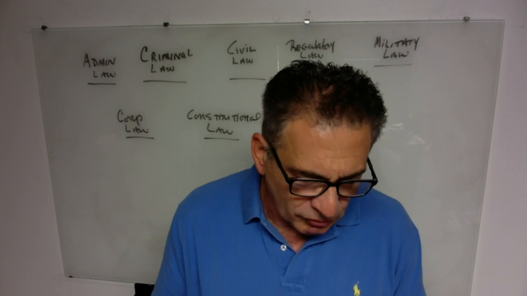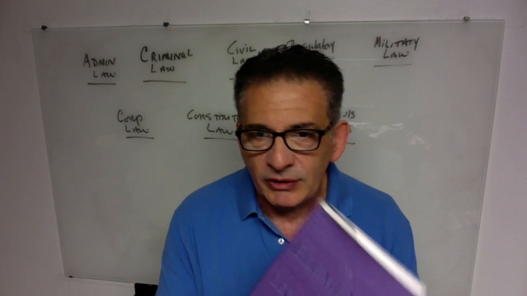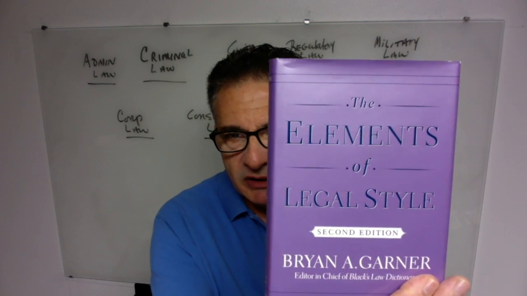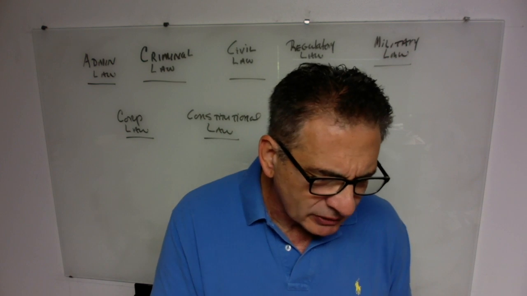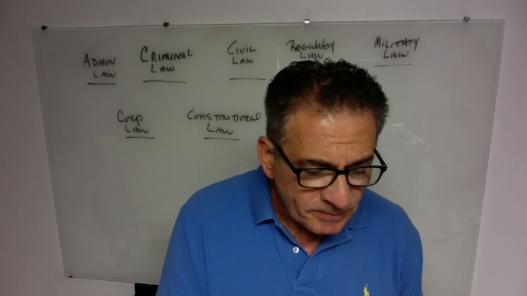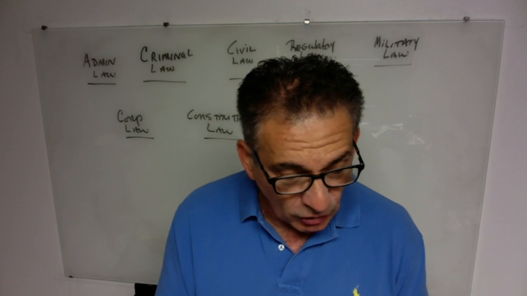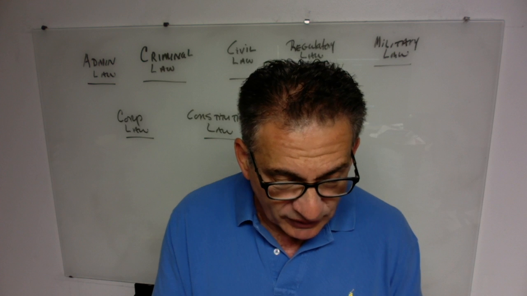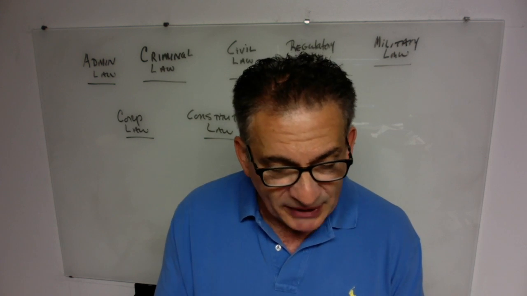It's so specific to writing that you'll get books like this, Elements of Legal Style. And in it, there are several chapters on organizing your arguments. It's a great book to sort of read and go through because it lays out everything for you and then gives you terminology so that basically you can look it up.